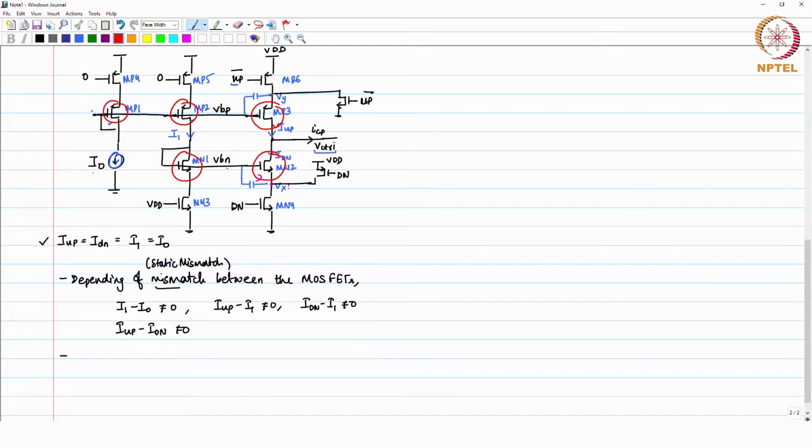Based on the channel length modulation, the current will again have a mismatch. I will write that channel length modulation introduces mismatch between the current sources.